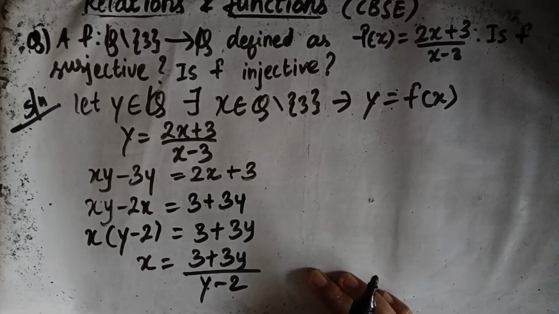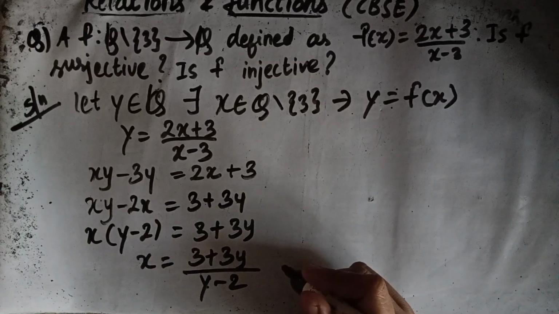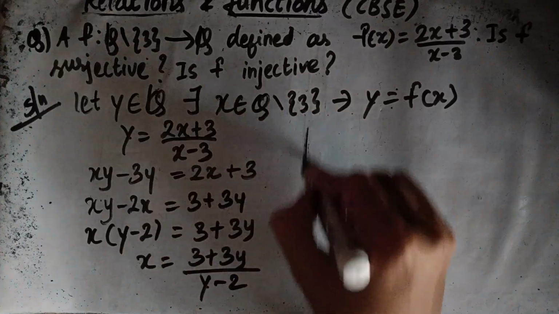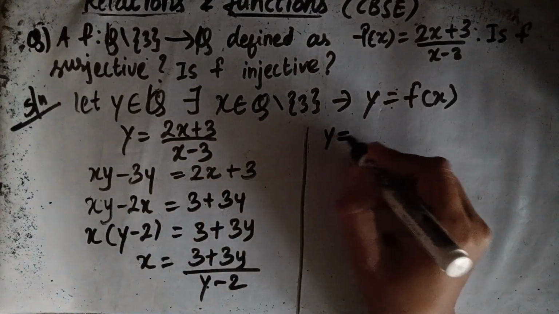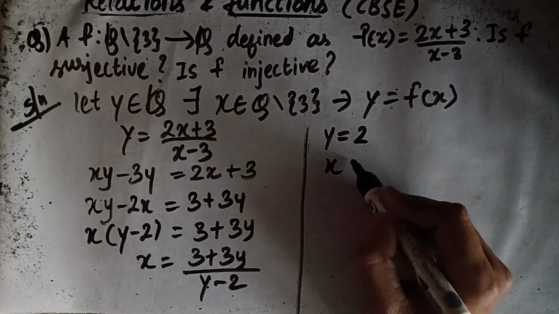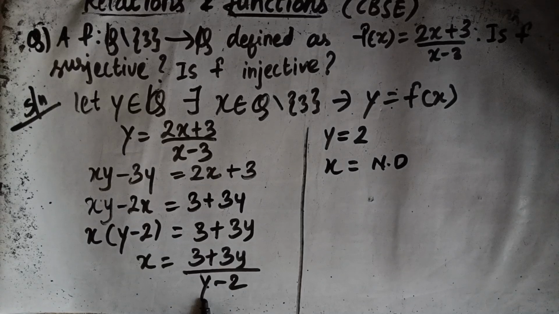Okay. So if you take this x, this is from the domain set, where 3 is removed. And when you have y equal to 2, then this x becomes not defined. That is, when you substitute y equal to 2, you will get 0 in the denominator. So it is not defined, right?